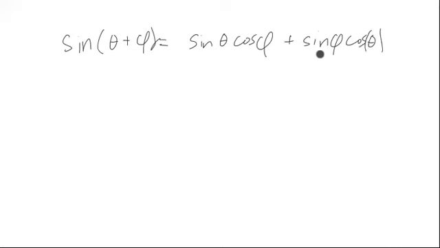All right, so we get that, and if we just replace phi with theta, then sine of 2 theta would be equal to sine theta times cosine theta plus sine theta times cosine theta. In other words, it would be 2 sine theta cosine theta.